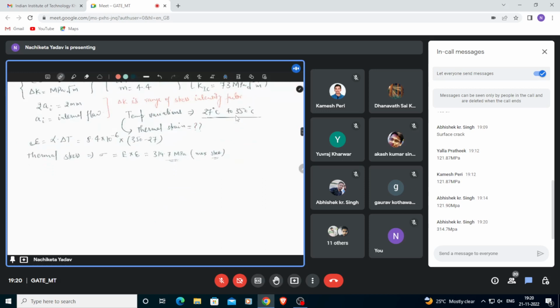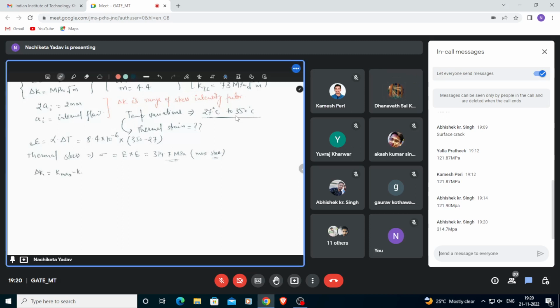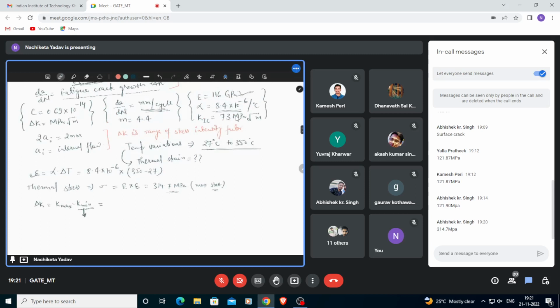So we know the delta K value, K max minus K mean. Here we will not take K mean because in compression it does not help in crack growth. This is only the maximum component.